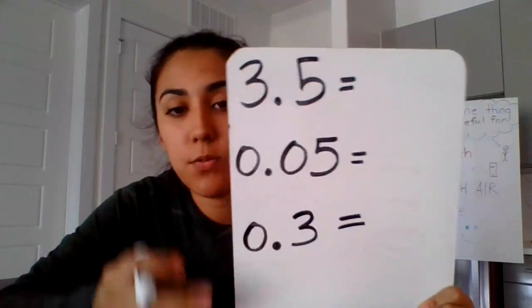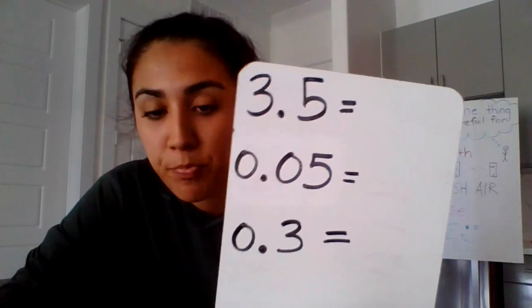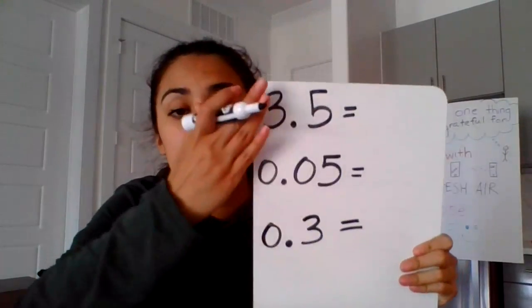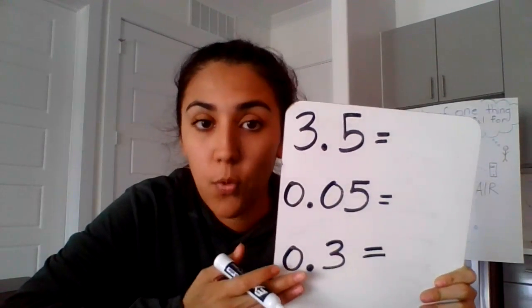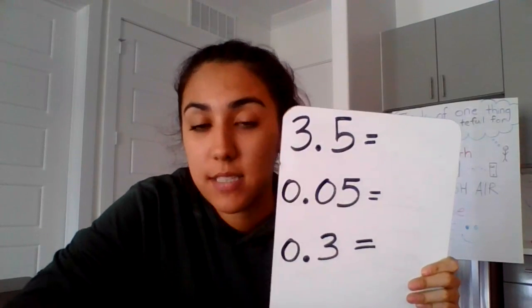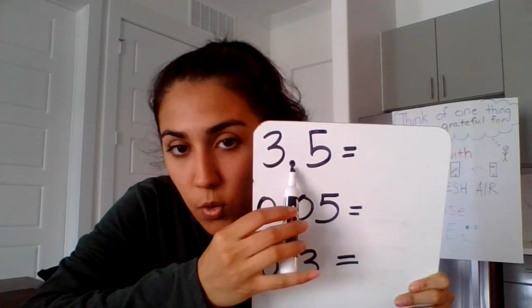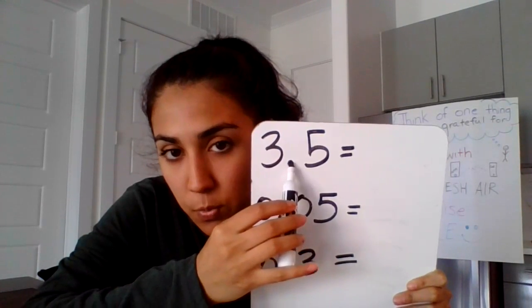Okay, I just read those 3 decimals that they want us to find the equivalent fractions for, okay? So we're going to read these decimals, and we're going to write our fraction exactly how it sounds when we read these decimals aloud.